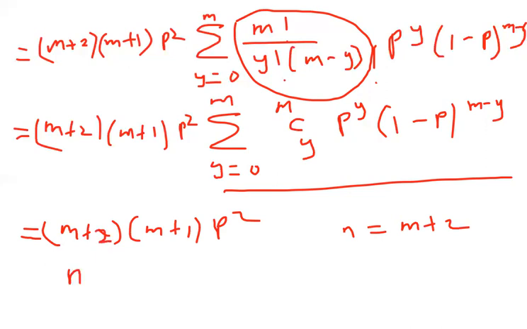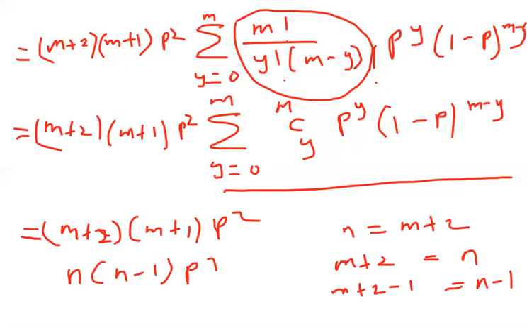Now if m plus 2 is equal to n, let's subtract 1 from each side, then m plus 2 minus 1 is equal to n minus 1. So m plus 1 is the same as n minus 1, and it becomes n minus 1, p squared. Then I can say expectation of s squared is equal to n into bracket n minus 1, p squared.